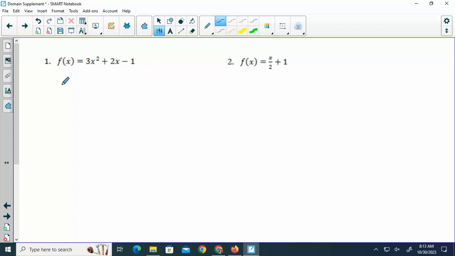Do we have a fraction? No. Do we have an even radical? We have an even power, but do we have an even radical? No. So what's my domain? All we're doing on these problems is listing the domain. So this one you can plug in any number that you would like.